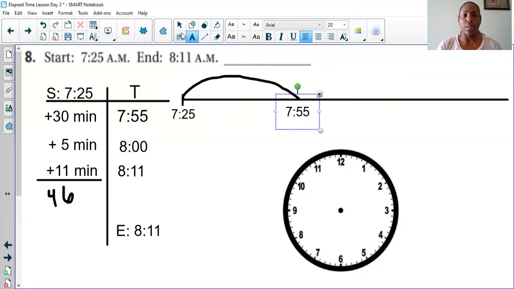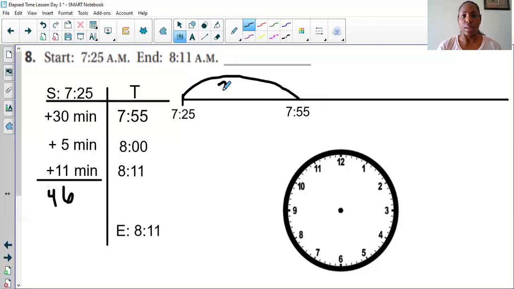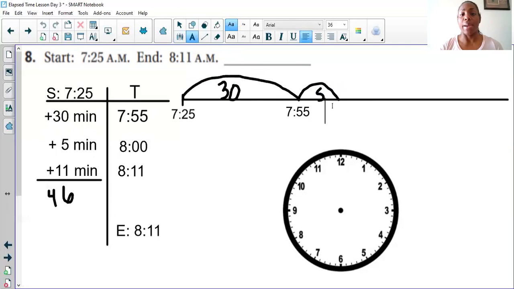And remember, I need to put in here that this took me 30 minutes. Now, you may have wanted to just do 35 minutes so you can get to the next hour of 8 o'clock, and that's fine. Whatever works for you. So I'm going to do my little jump of 5 minutes. And so with my little jump of 5 minutes, now I'm at the 8 o'clock hour.